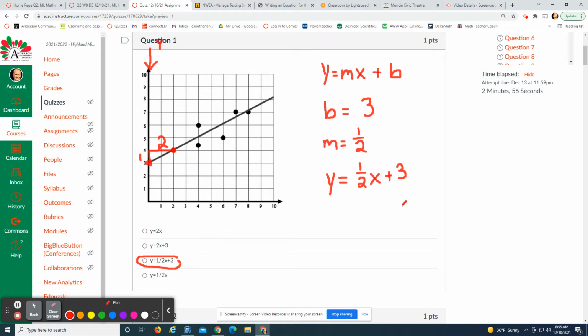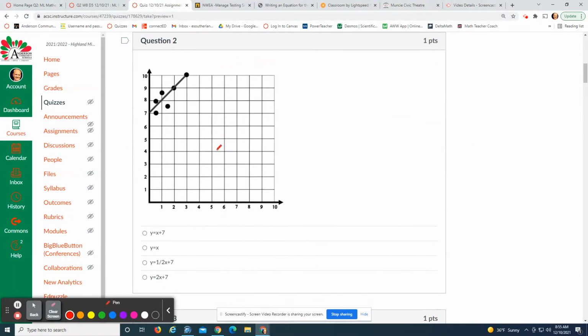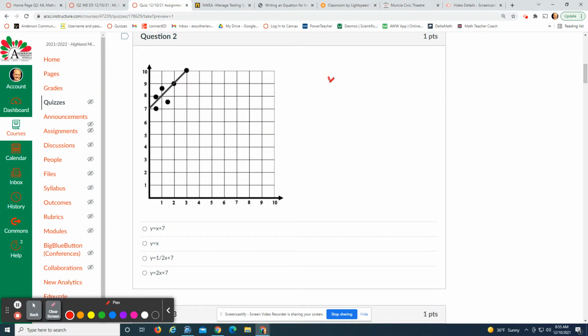Go ahead and erase what's on your Chromebook. You might leave this y equals mx plus b there, but the rest of it you can erase. So I still need to know what b is and what m is. So what is b for this problem? 7. Right there. And then I follow it. It crosses again right there in the corner.